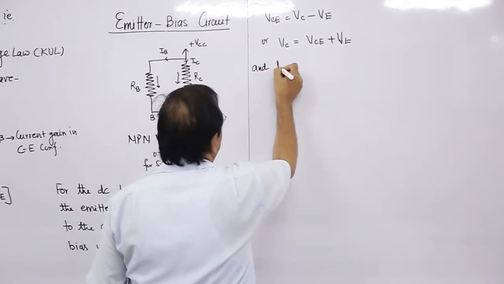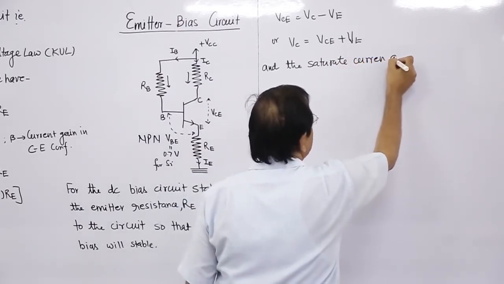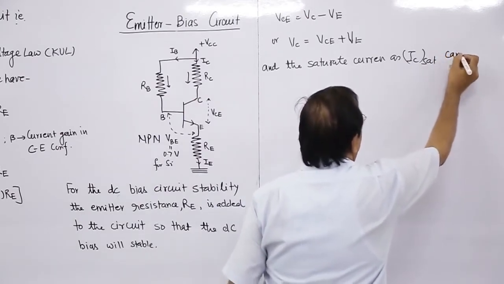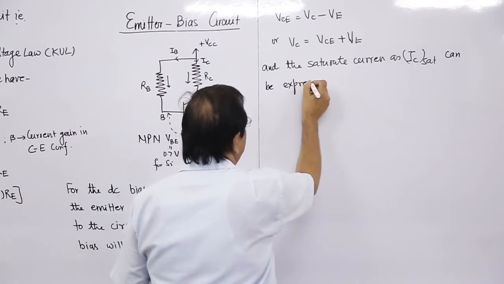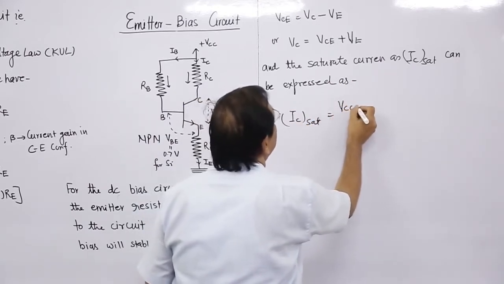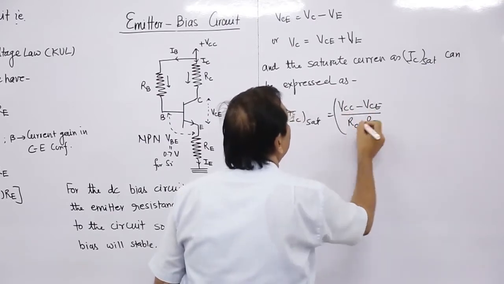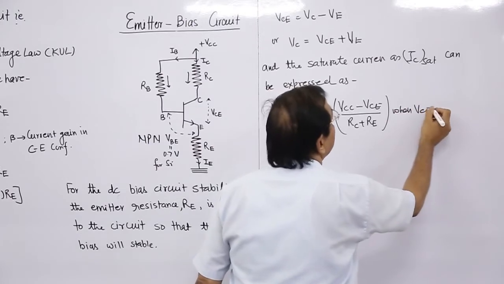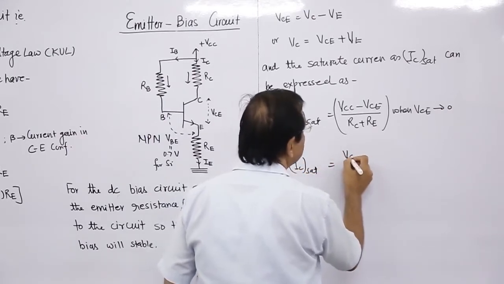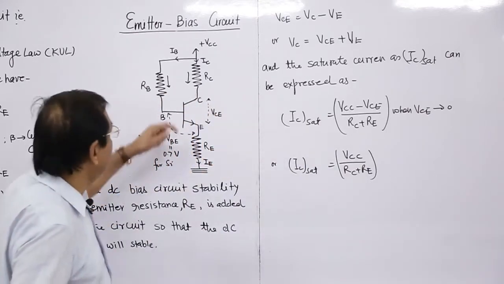The saturation current IC sat can be expressed as IC sat equal to (VCC minus VCE) upon (RC plus RE), when VCE tends to 0, or IC sat is equal to VCC upon (RC plus RE). This is the saturation part.